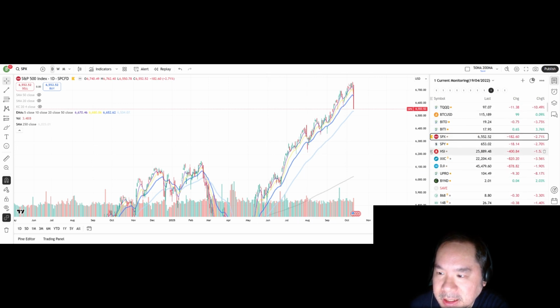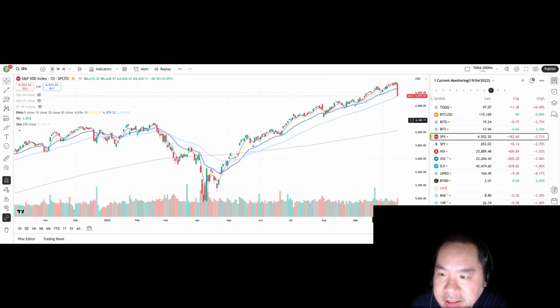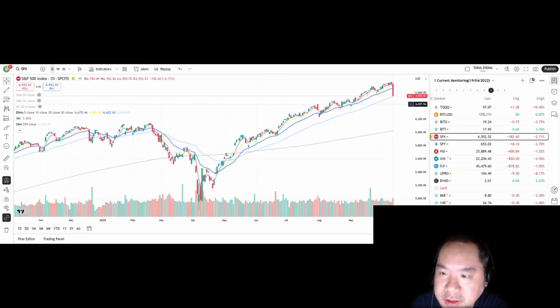As you can see, the stock market right now, the S&P has dropped roughly 3%. Look at this graph. This is the S&P 500, a very ugly, very bearish candlestick. It dropped past the 20-day moving average, closing at the low, and it's very bearish.